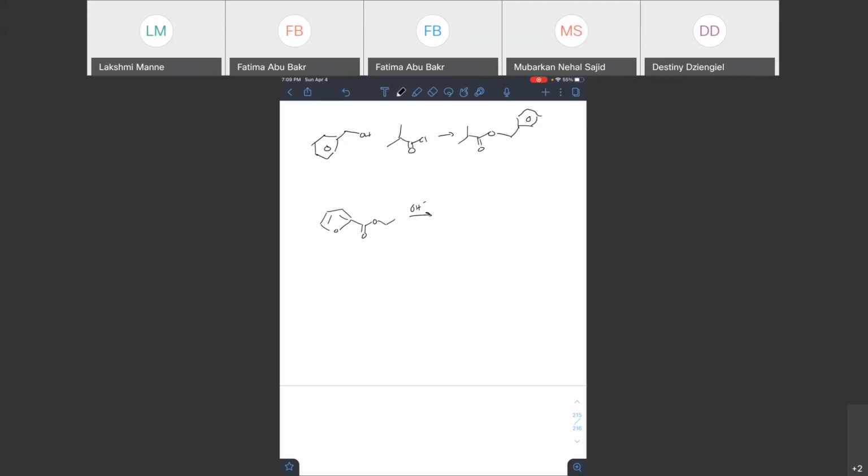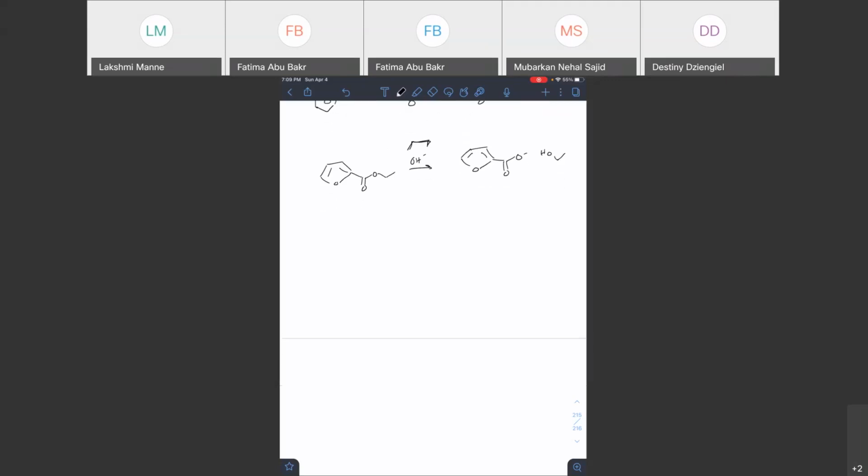But since we're using a base here, it's going to be the conjugate base that we're going to come up with, right? So if you use a base, you're going to end up with a base. If you use an acid, you're going to end up with the acid. So essentially, this is just going to be like this. All right. And we also have the other one, the OH here. This one's really good.